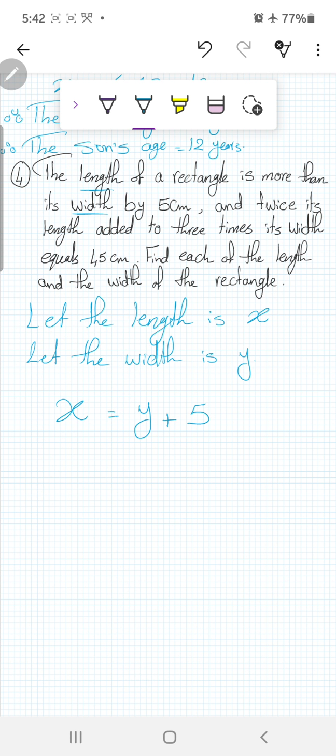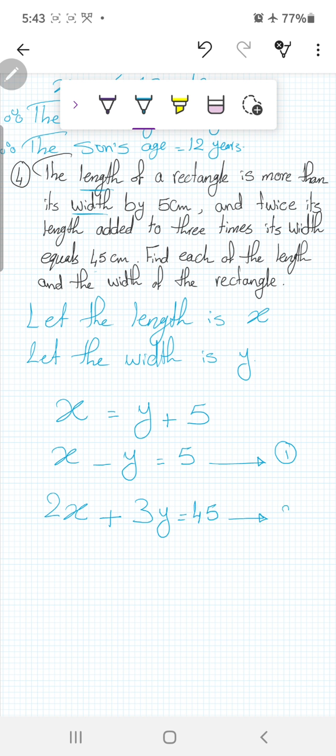Okay, get x and y together. So here we have x minus y equals 5, and this is the first equation. The second equation: twice its length, it means 2x, added to 3 times its width, equals 45.